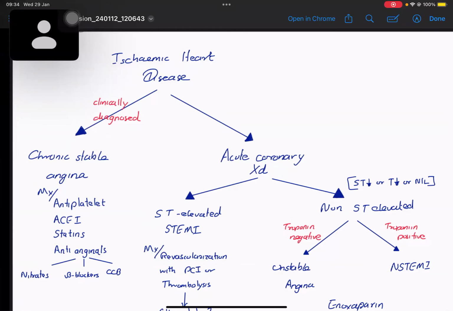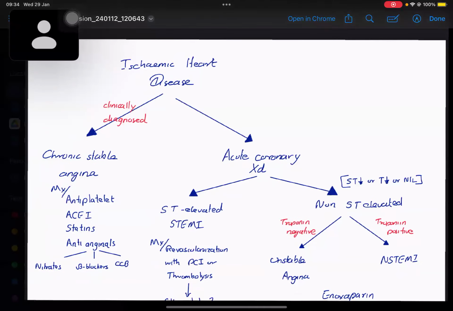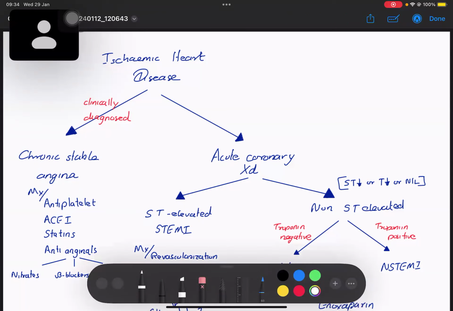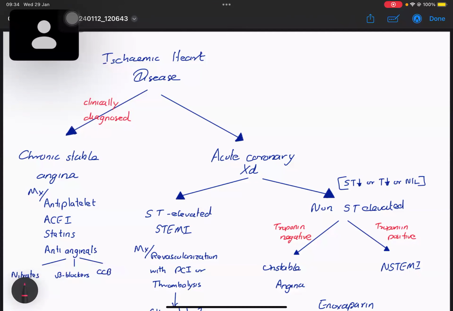Okay, let's start. Ischemic heart disease. Usually the patients given for the exams are non-STEMI, STEMI, or unstable angina patients.